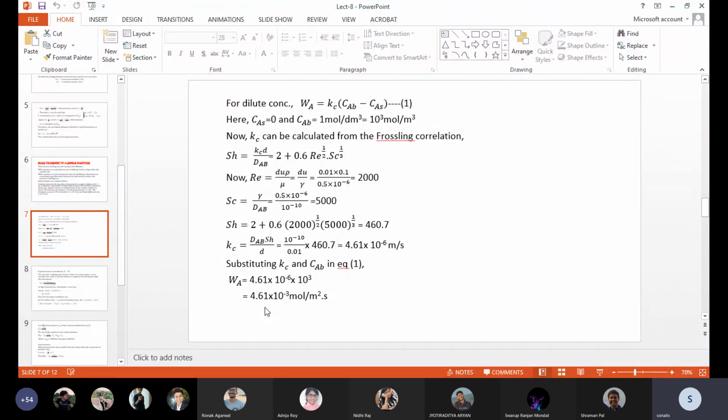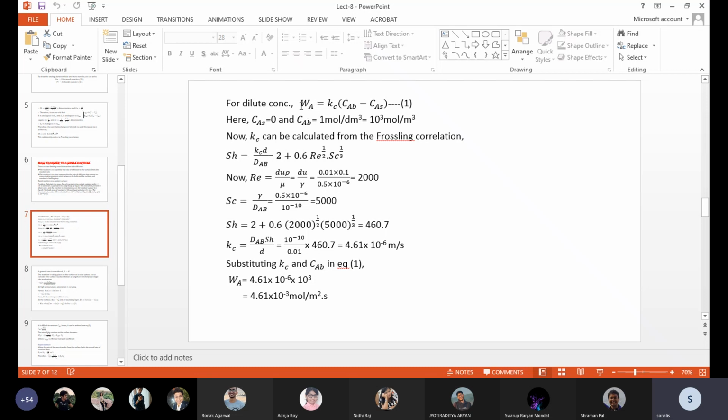How we can solve this? Look, it is a dilute concentration, so there is no bulk motion, only the diffusional motion. So WA is equal to Kc (CAB minus CAS). Now we have to calculate WA. That is the ultimate; it is asked, the mass flux or molar flux.